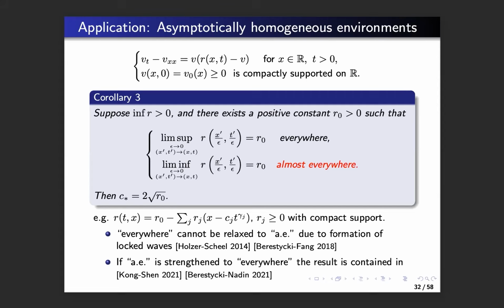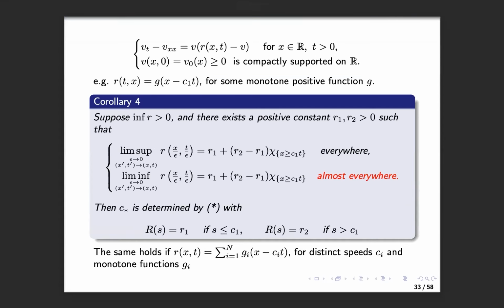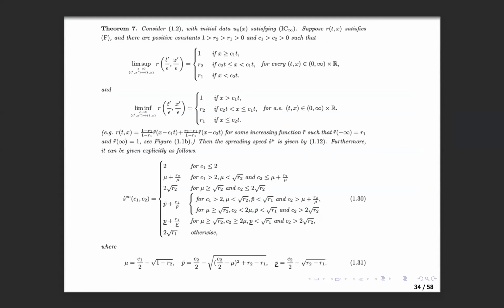If the heterogeneity is localized, then you have C star is 2 square root. This is the case when you have one shift, and this is the formula for two shifts. If you look at this formula, it is better to state the theorem in terms of the free boundary.